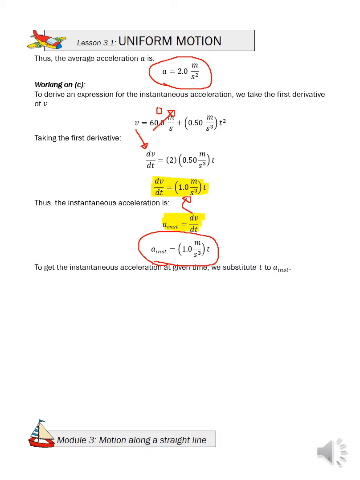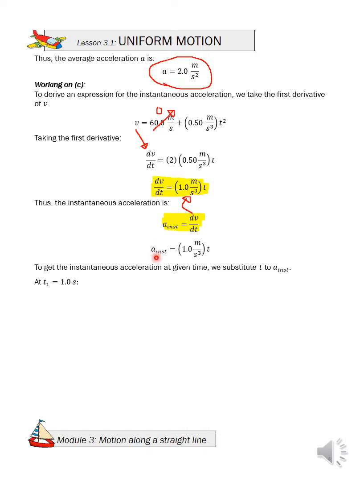Now, let me erase. Now, let's say we want to get the instantaneous acceleration at a given time. So at any point in time, 100 seconds in or like 2 seconds after it moved, all we have to do is substitute t into our expression for the instantaneous acceleration here. So let's say we'd like to get its instantaneous acceleration at t1. Remember, t1 was at 1.0 second, that instance of time.